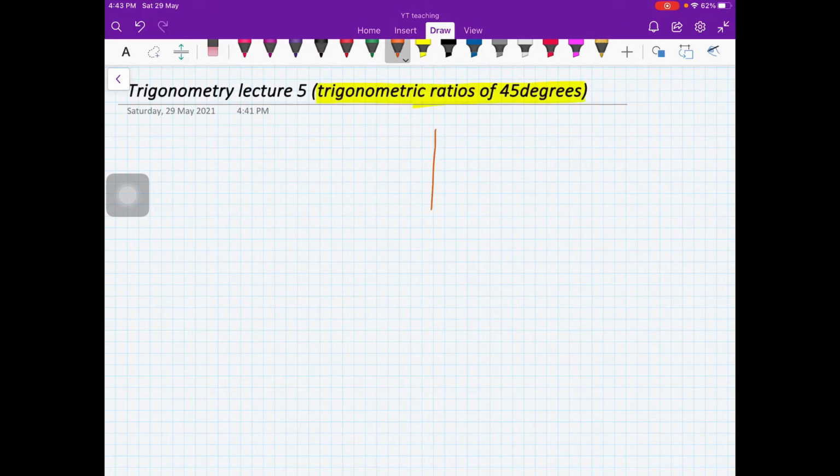So what we have done, we have said that suppose you have a right angle triangle, suppose this is ABC, and if this is the angle C I am talking about, then the side which is opposite to 90 degree is always the hypotenuse, and the side which is opposite to angle C is called opposite, and this side is called adjacent, right?